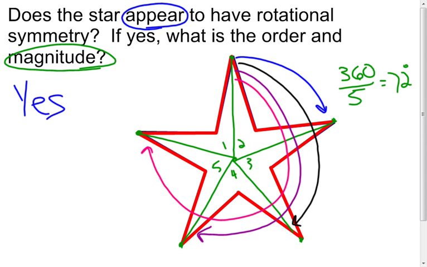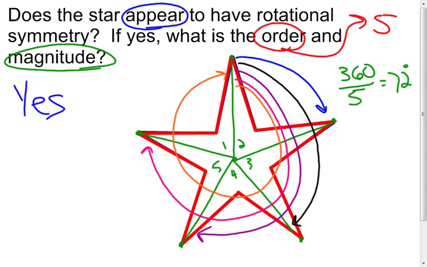There would be 4. And being I've already counted 1, I get to also count the one that goes all the way back around. So there would be my final one of an order of 5. So the order is going to be 5. So magnitude of 72 degrees and an order of 5 for my star here that appears to have rotational symmetry.